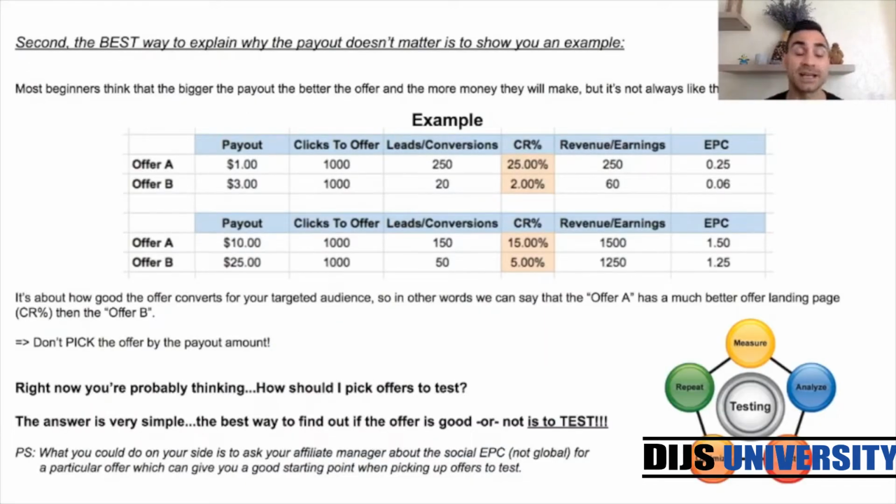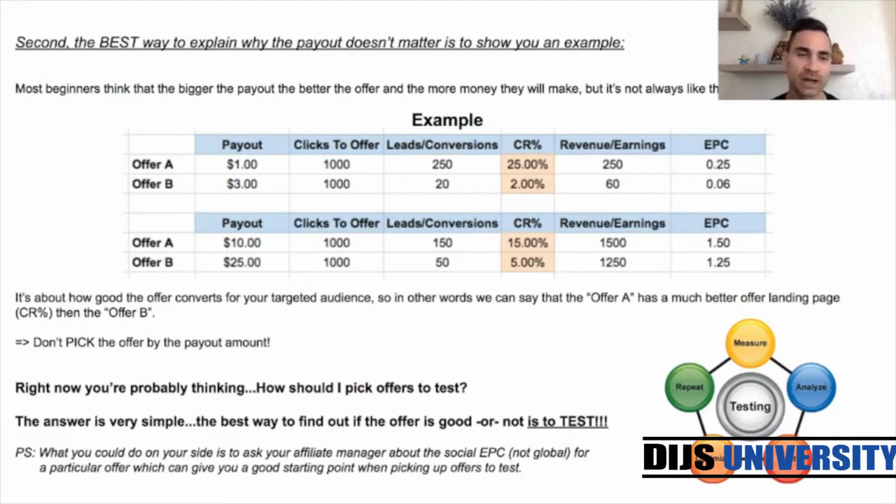Second, like I said, the best way to explain why the payout doesn't matter is to show you an example. Most beginners think that the bigger the payout, the better the offer and the more money they will make. But it's not always like that.